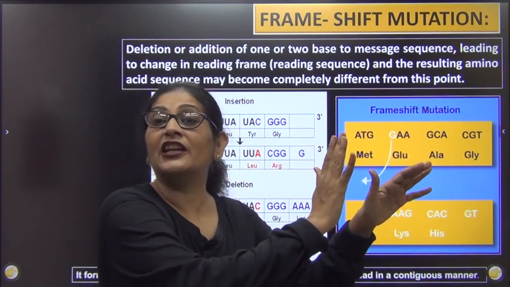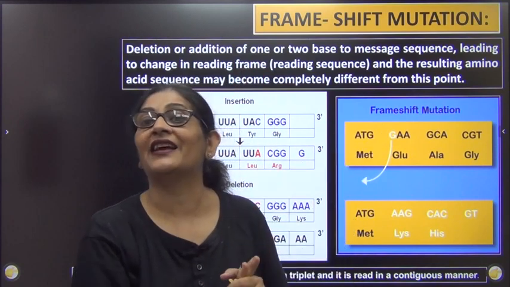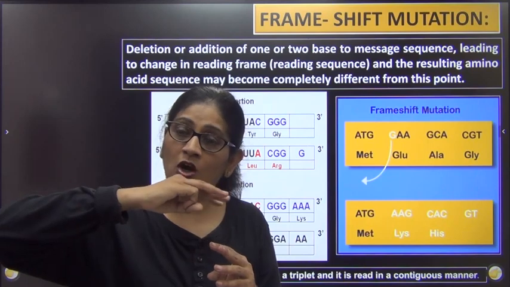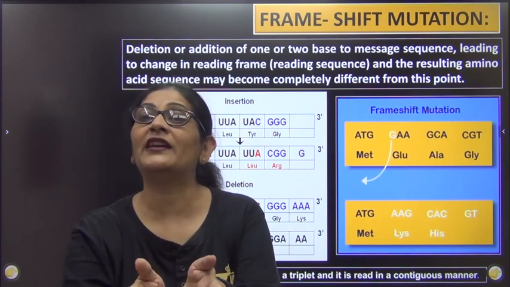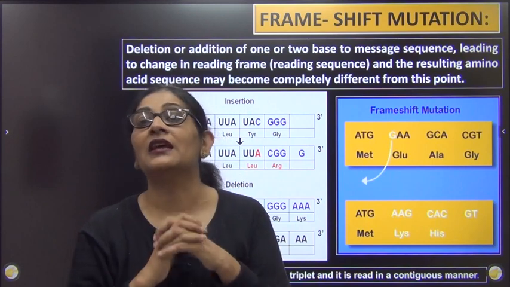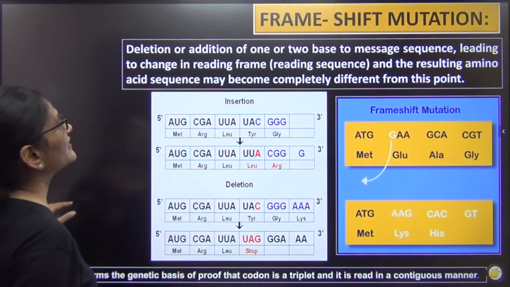It is read in a contiguous manner because once I remove a codon, now the next 3 will act as a codon. And by adding 3 nucleotides or removing 3 nucleotides, just one amino acid is added or subtracted. This showed that genetic code is triplet. I have explained you many times, the same is here.